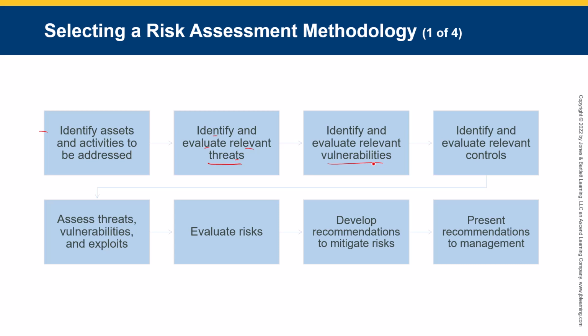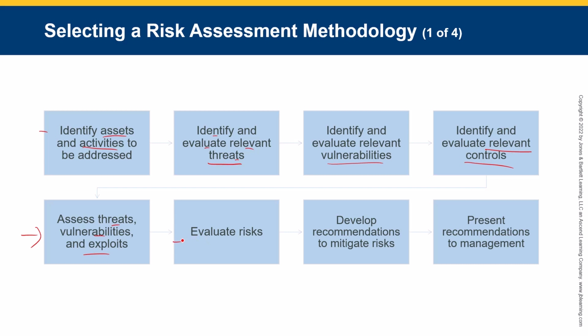Once we've identified threats and vulnerabilities for the assets and activities, then we can identify and evaluate relevant controls to prevent the threats from realizing those vulnerabilities. We can look at that through the lens of assessing the threats, vulnerabilities, and exploits, and again, making sure that the exploits do not realize the vulnerability.